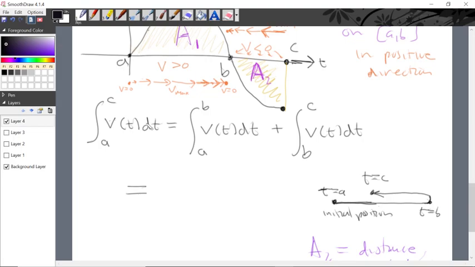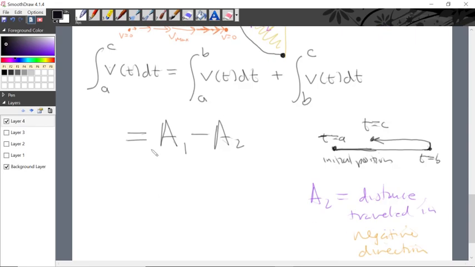Okay? The value of this integral from a to c can be found by taking the area a1 and subtracting a2. If a1 is the distance it traveled to the right, or in the positive direction, and a2 is the distance it traveled back into the negative direction, then how do we interpret this difference?